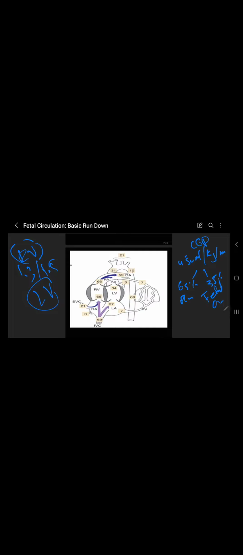The right ventricle has a higher volume that it has to eject. The right ventricle is pushing against a high pulmonary blood pressure and a high systemic blood pressure through the PDA or directly to the pulmonary artery.